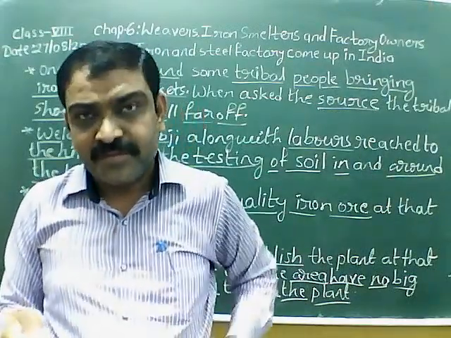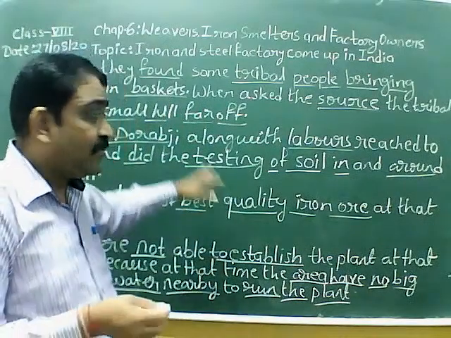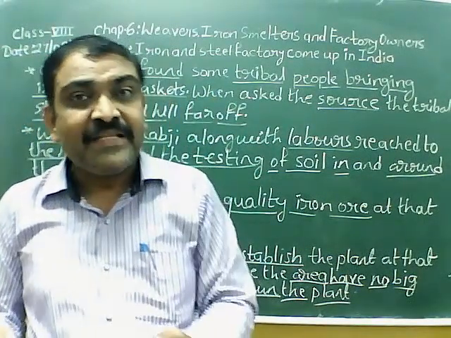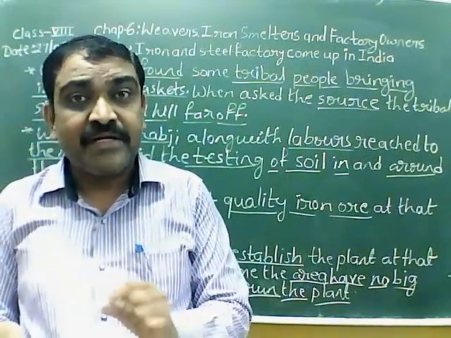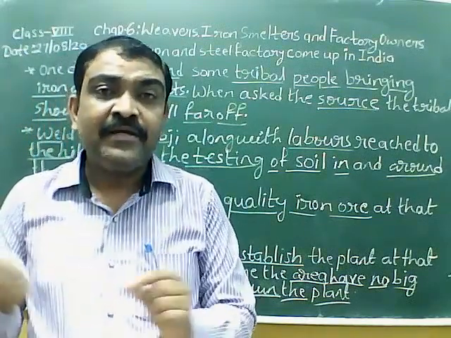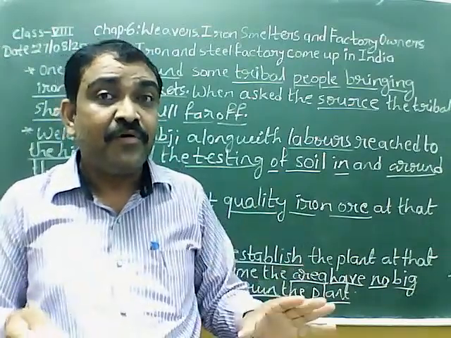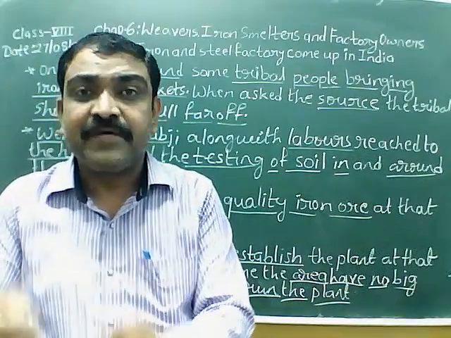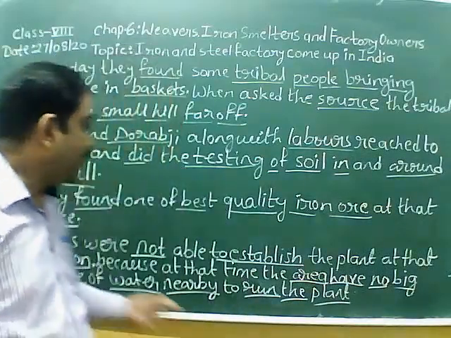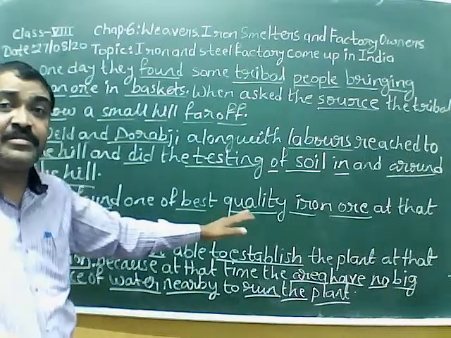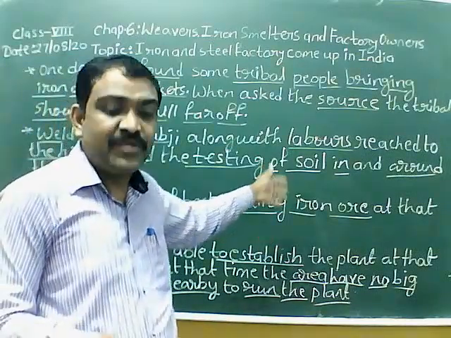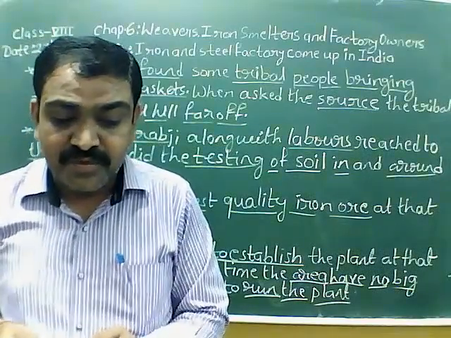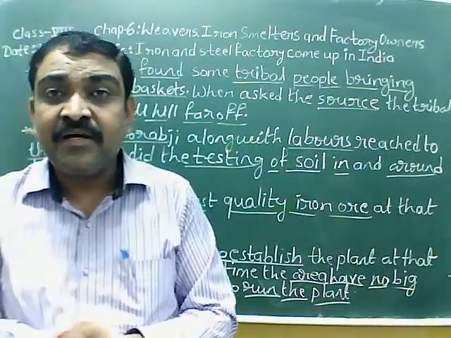Today it is possible, but it was a time of 1904. Okay, so they had a good quality of iron resources, but the water resources of that much quantity was not available nearby. Okay, so the Tatas were not able to establish the plant at that location. Got it?